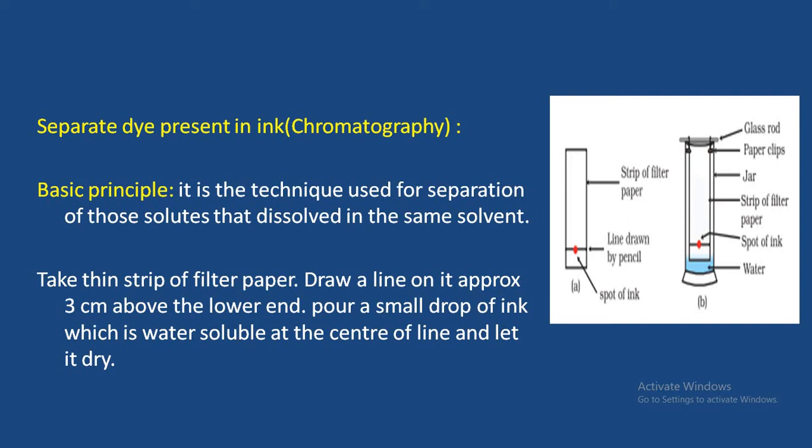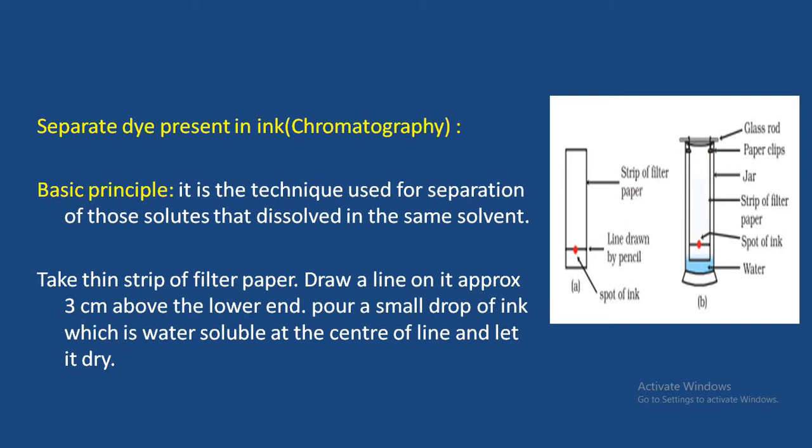We know very well, and we have already done the separation of the dye, meaning the color in ink, where ink contains water as well as some dyes, a solid substance, and that we did by the process of evaporation.